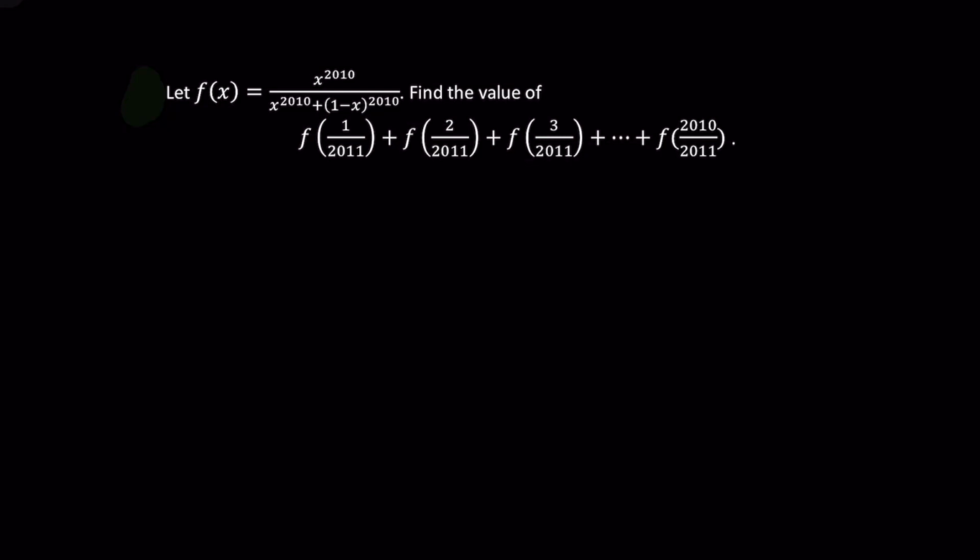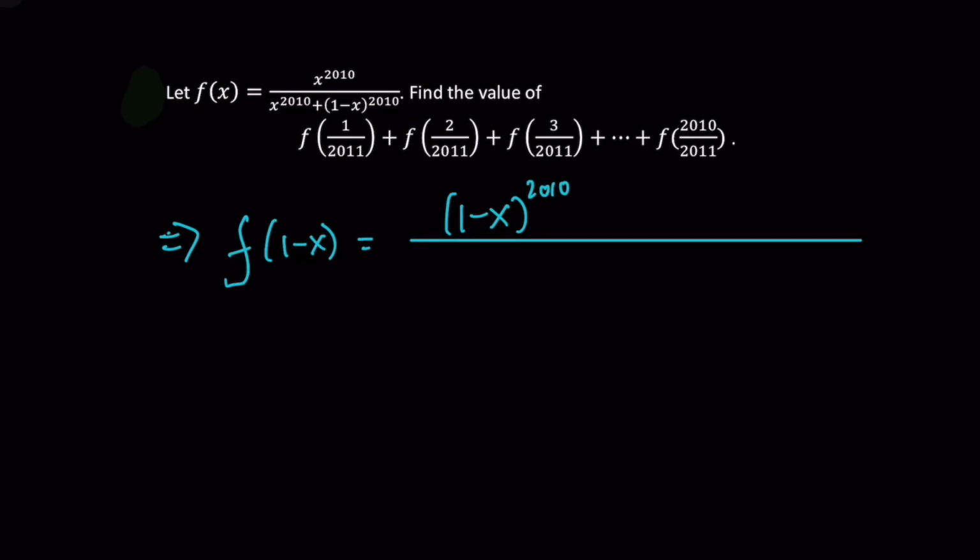One approach to this question is to notice f(1 minus x). f(1 minus x) will give us (1 minus x) power 2010 over (1 minus x) power 2010 plus (1 minus (1 minus x)) power 2010.